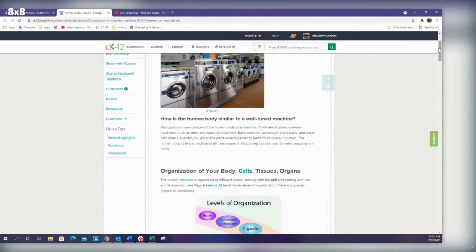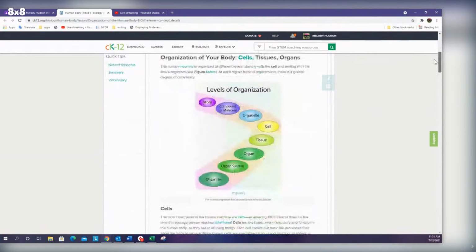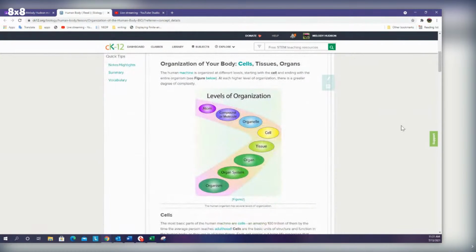So our body is organized how? By cells, tissues, and organs. If we start with the tiniest molecules in existence, we have atoms. Then we have compounds or molecules, and those molecules will form organelles. Organelles can become cells, and many cells together can become a specific type of tissue: skin, muscle, blood.